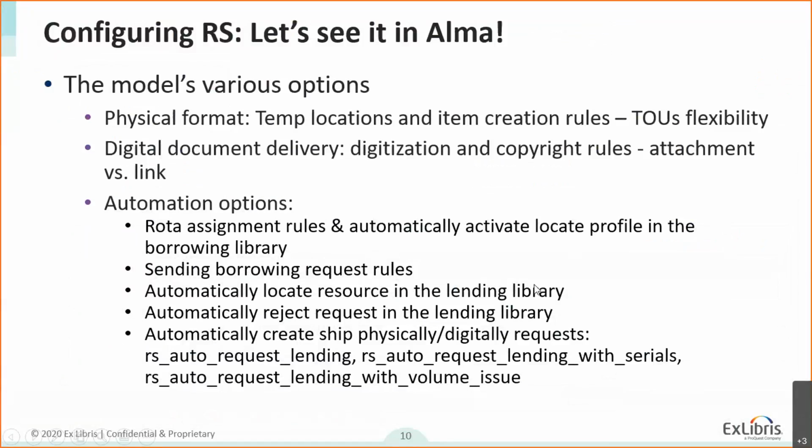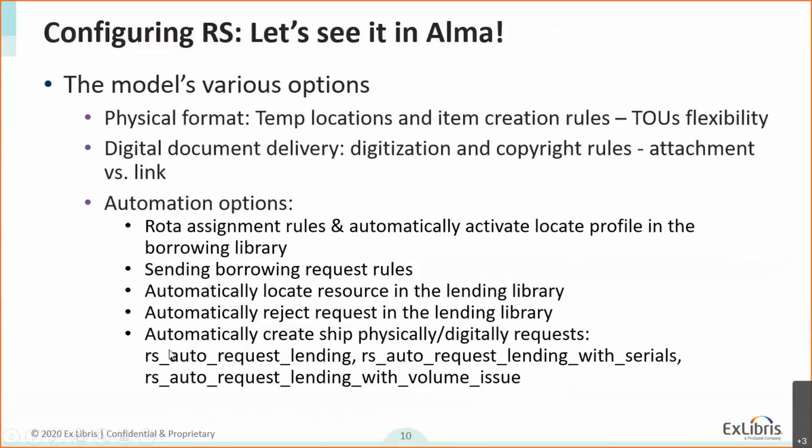The lending library as well can have automatic locate, meaning when something comes in, I don't need to go look for it. Alma automatically checks if I have it in my institution, in libraries that can provide it to me, because maybe I don't have a supply from relationship.